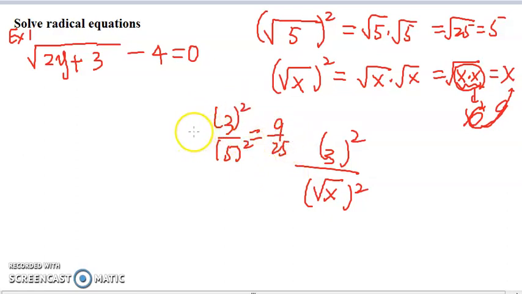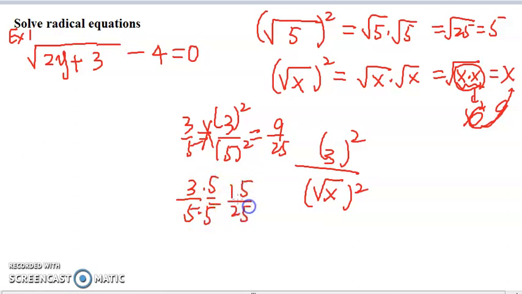That's not going to be equal to the original fraction 3 over 5. So 3 over 5 is not equal to 3 squared over 5 squared. But 3 over 5 will be equal to, if you multiply both top and bottom by 5, 15 on the top, 25 on the bottom. This is correct. But when you are given a fraction, you cannot square the top and square the bottom. They're not going to be equal anymore.